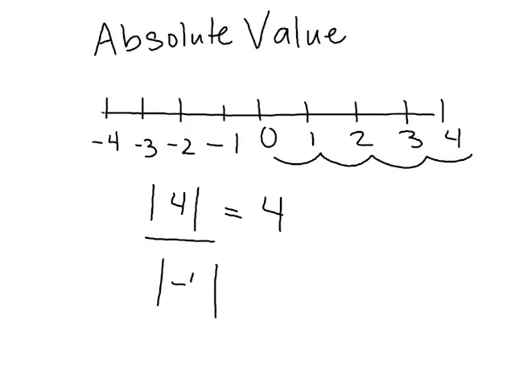If I had a -4 in my box, how far away from the 0 is the -4? 1, 2, 3, it's still 4 places away. So the absolute value is asking me how far away from 0 am I on the number line. And these little brackets here are kind of a reminder that you're talking about the number line.